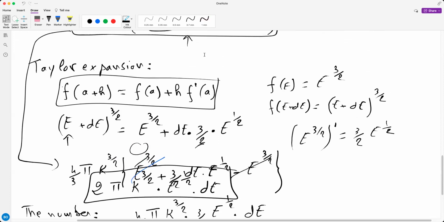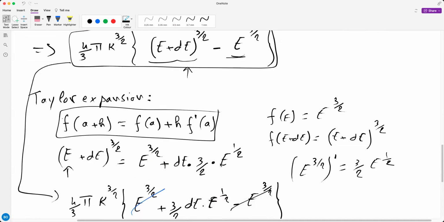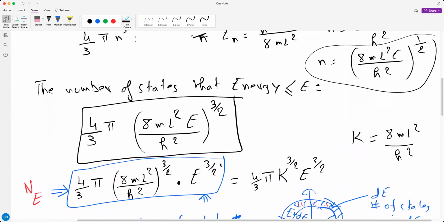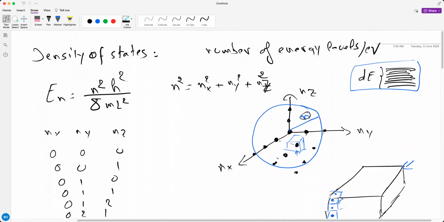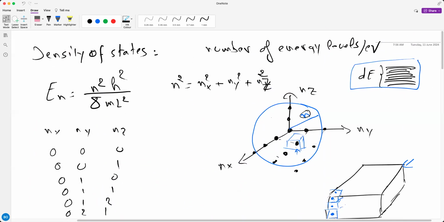So let me start again, just repeat a little bit so that you don't lose track of it. What I wanted to know is how many energy states are there in dE? Because we have already proven that the energy levels are so close that we can take the energy state as a continuous function.